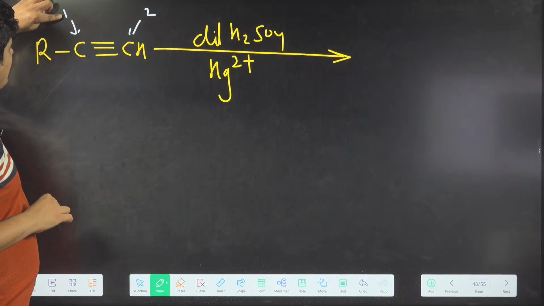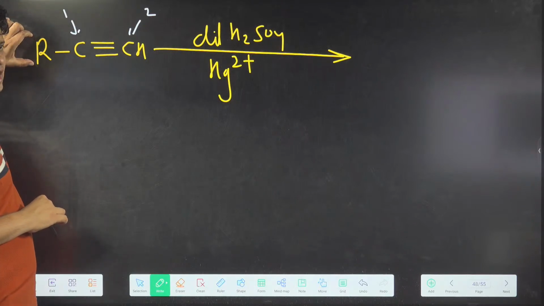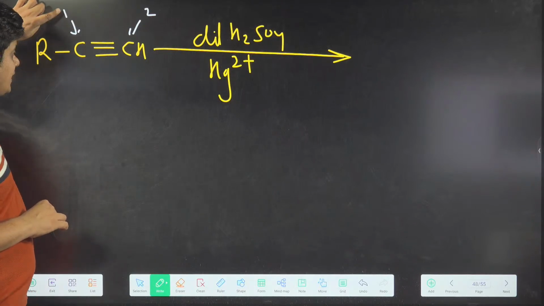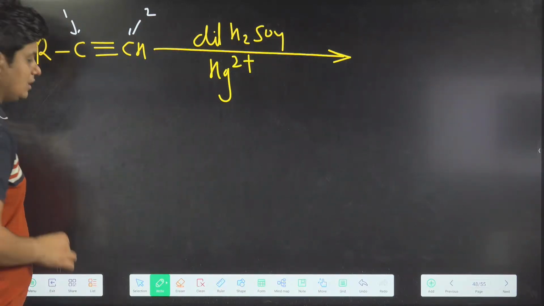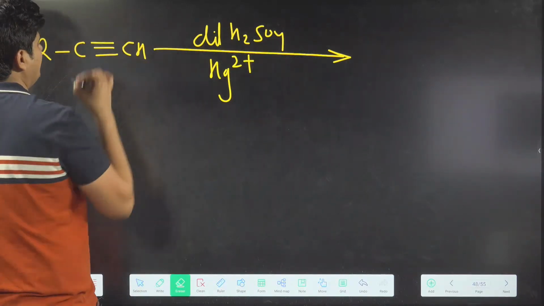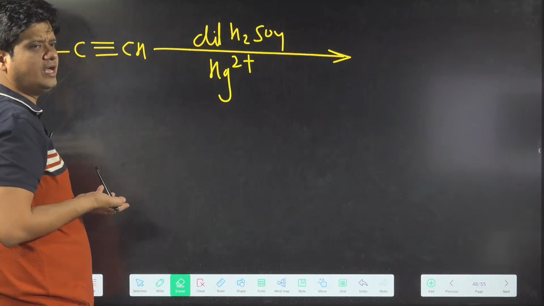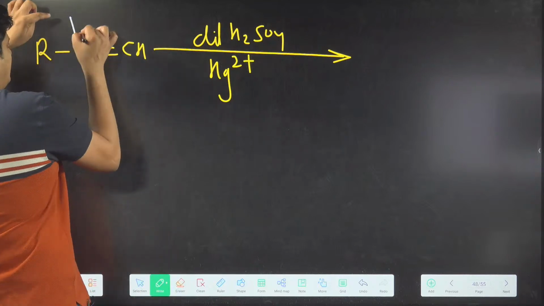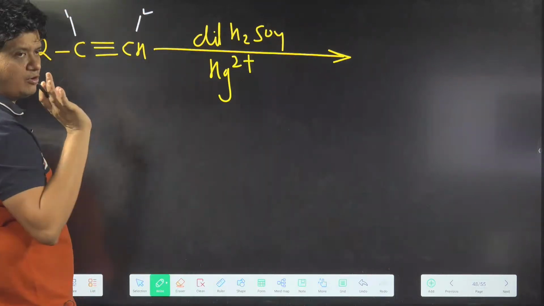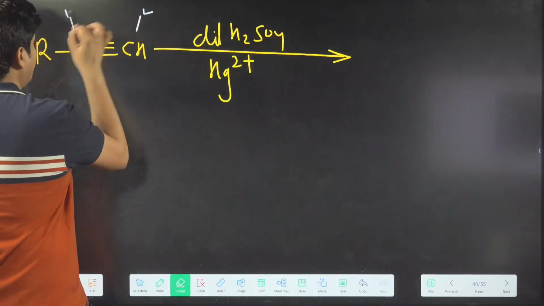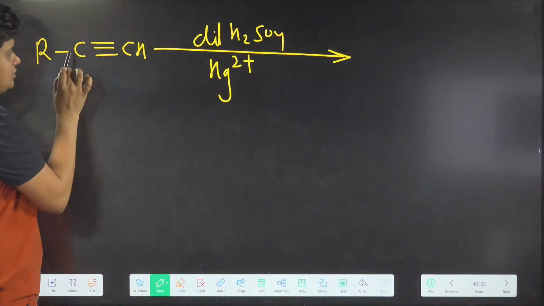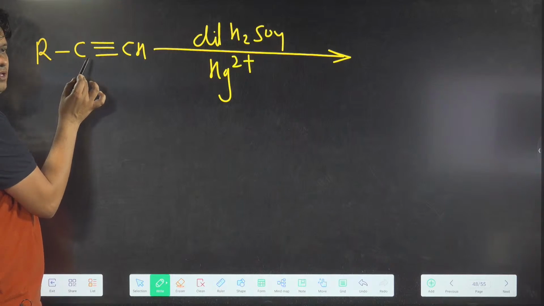Plus at number 1 is stabilized by hyperconjugation of this R group. It means plus is more stable at number 1. If plus is more stable at number 1, obviously we will make plus at number 1. So now we know plus is more stable on this carbon.